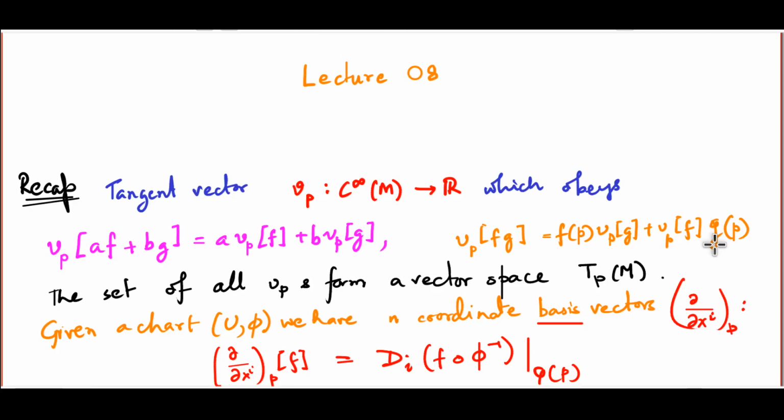Now, a special set of vectors arise when we use a chart on the manifold. If you are given a chart (U, phi), where U of course is a subset of the manifold M and phi is a map from that U to Rn, we end up with n coordinate functions, and that leads to the notion of coordinate curves.